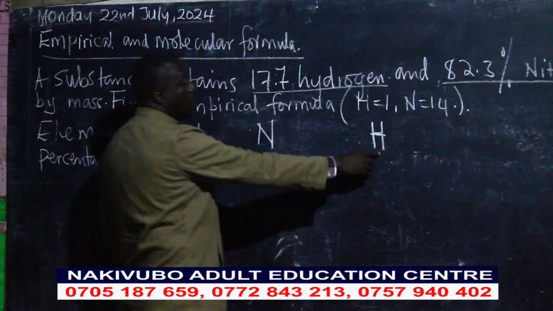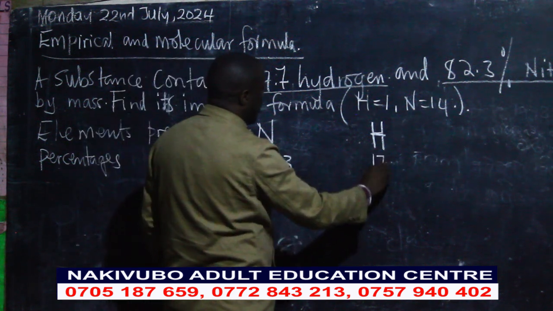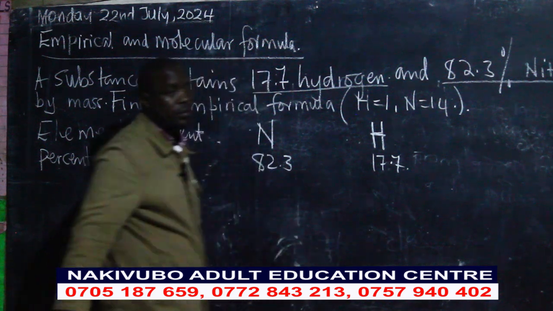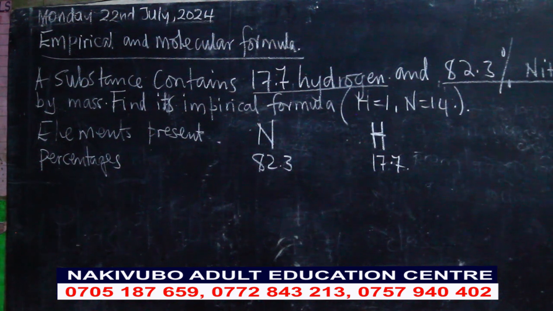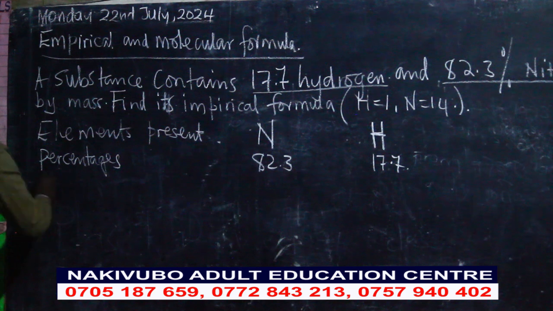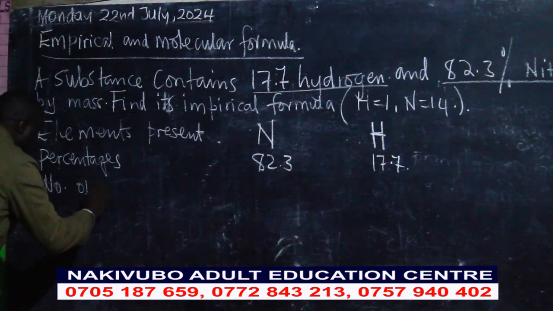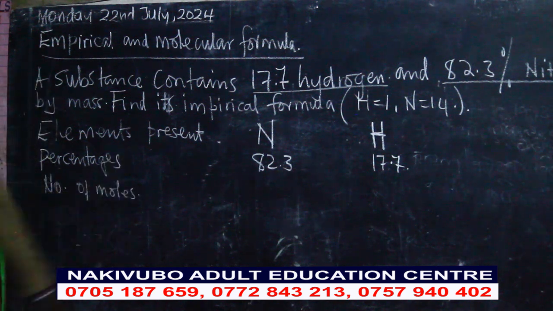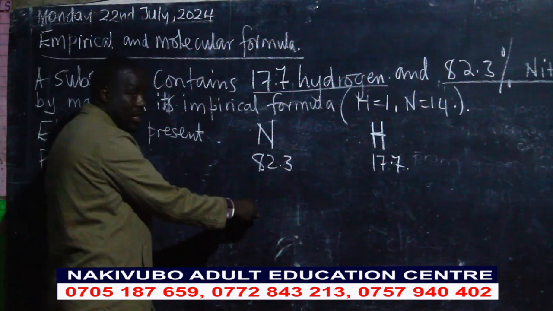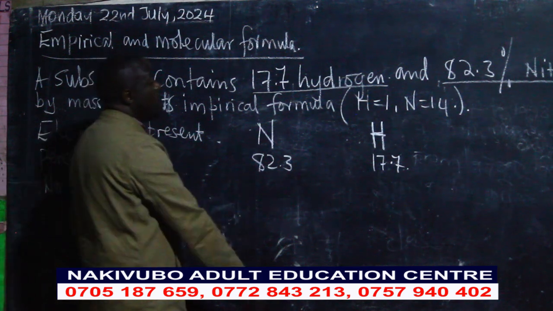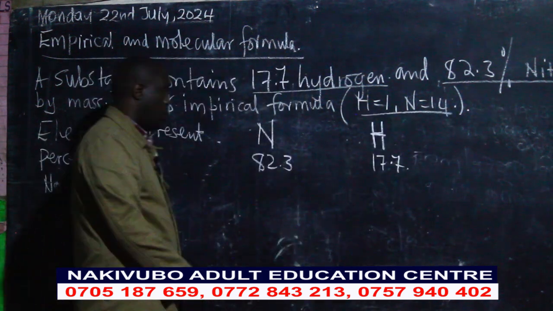What is the percentage of hydrogen? 17.7. The next thing which we do is to look for the number of moles. To get the number of moles, you divide the percentage by the atomic mass. The atomic masses have been given to you. Is that clear?